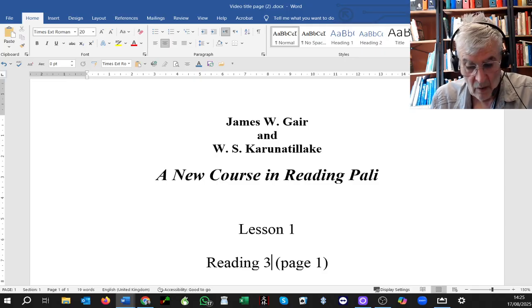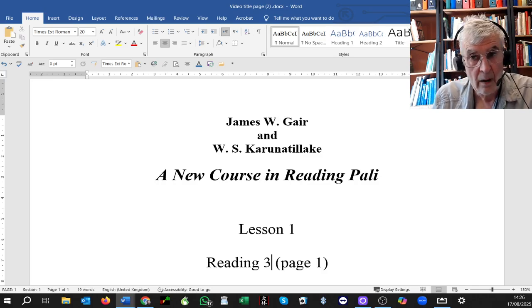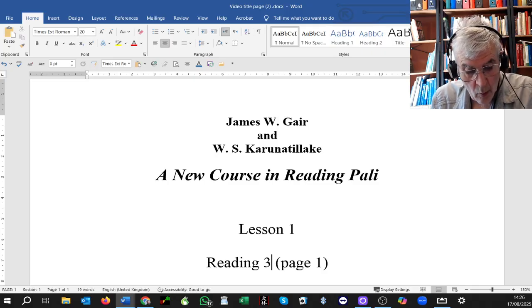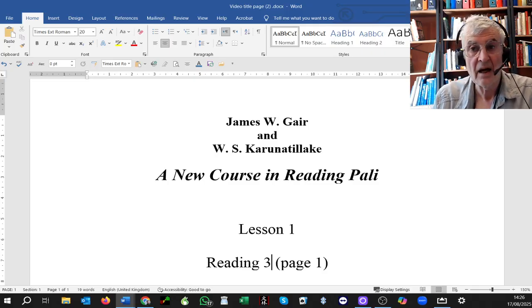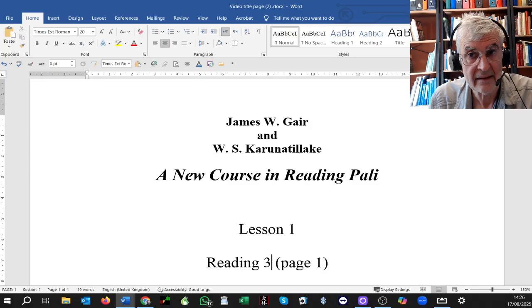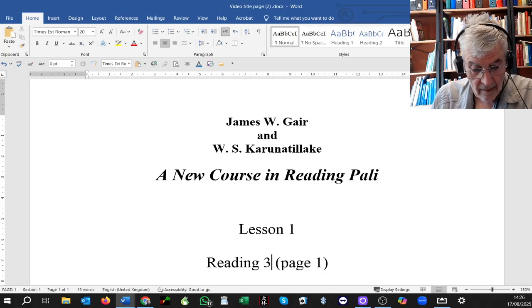Sammaditthikassa bhikkhave anupanna cheva akusala dhamma nuppajjanti, uppanna cha akusala dhamma parihayanti. And that's it for reading number 3.